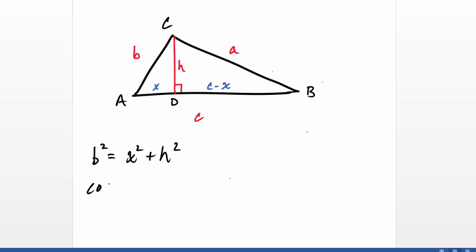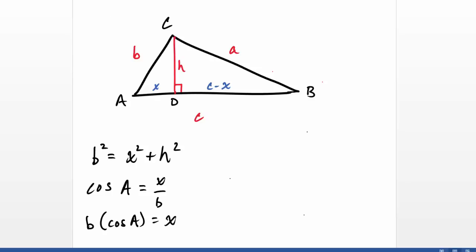I can say that the cosine of angle A is equal to the adjacent, which is x, over the hypotenuse, b. From there, I can say that b times the cosine of A equals x.